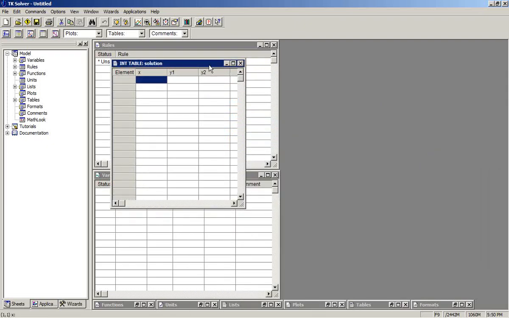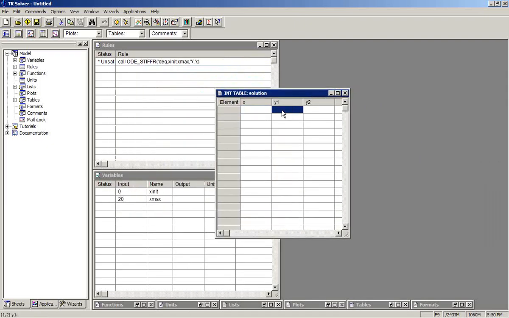Close these worksheets. For initial conditions for our two solution lists, I will use 2 and 0. So when x is 0, y1 is 2, and y2 is 0.